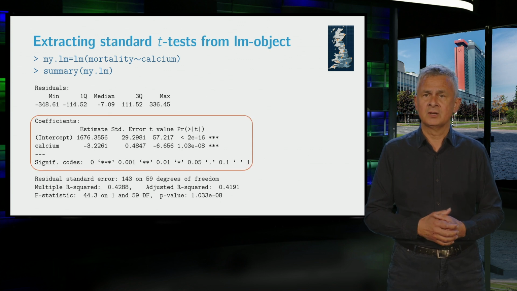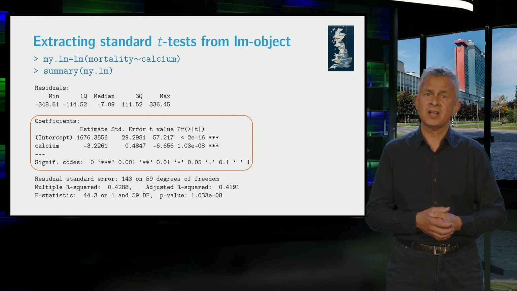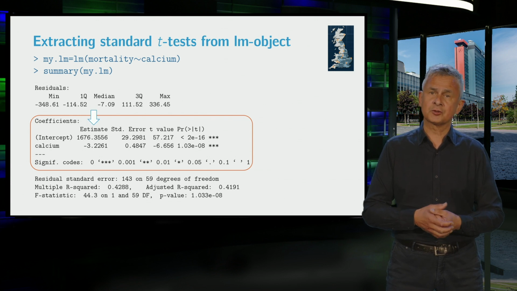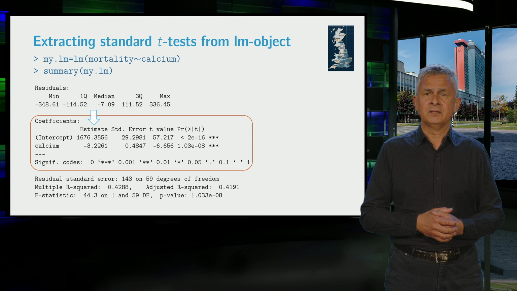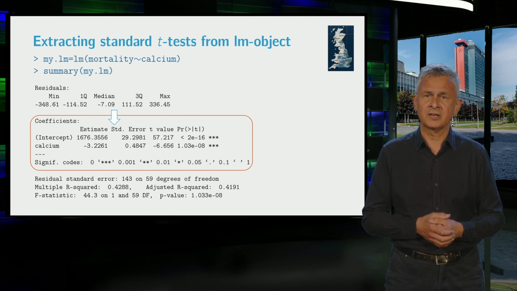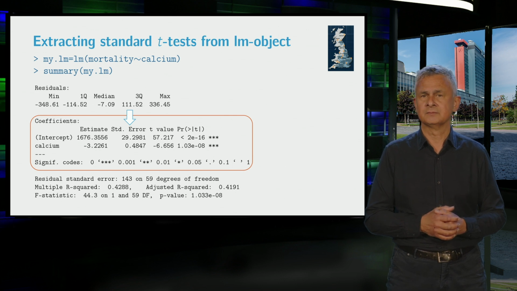Running this command produces a large summary of the fitted model. And part of the output is a table under the heading coefficients. In the first column in the table, the estimates are the estimates for the intercept and the slope, which we obtained earlier. And the second column contains the standard errors of alpha hat and beta hat.